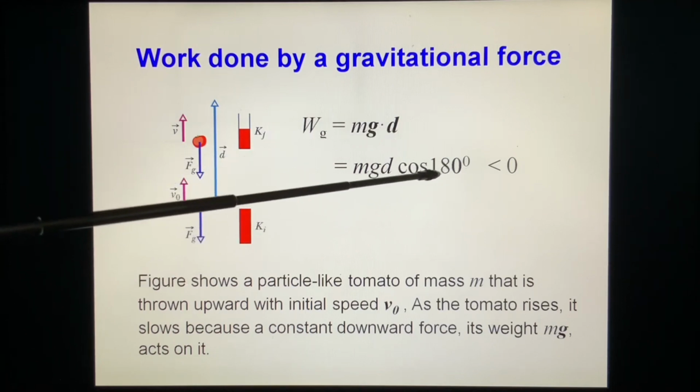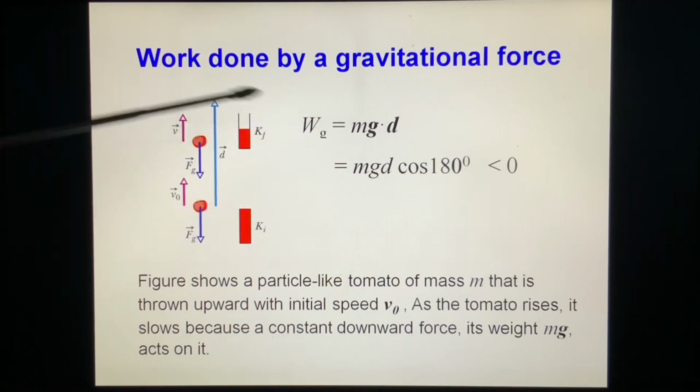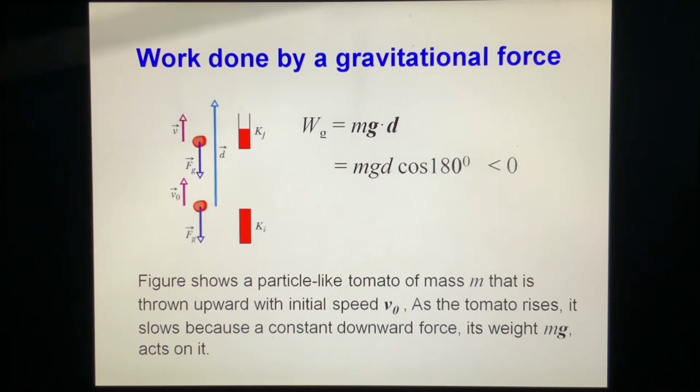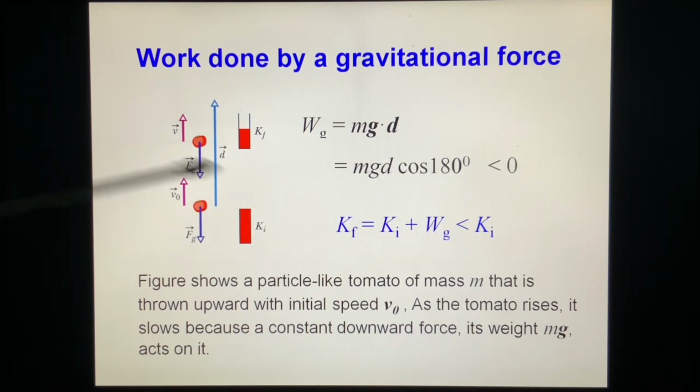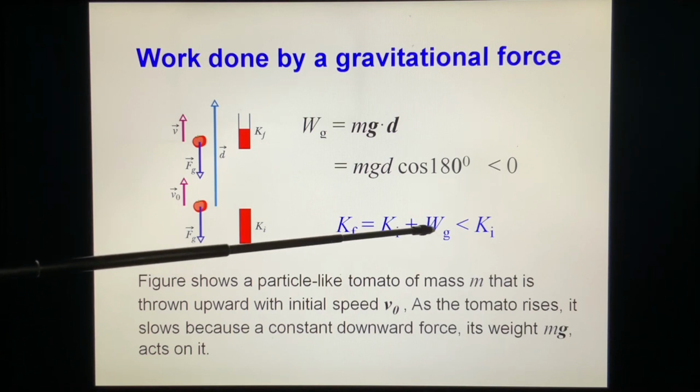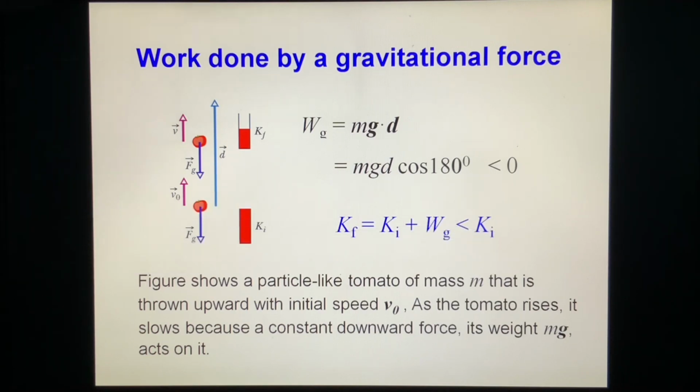So cosine is minus 1, and the work done by the gravitational force is a negative number. So the final kinetic energy equals the initial kinetic energy plus some negative number. It is smaller than the initial kinetic energy, and that's why it slows down.